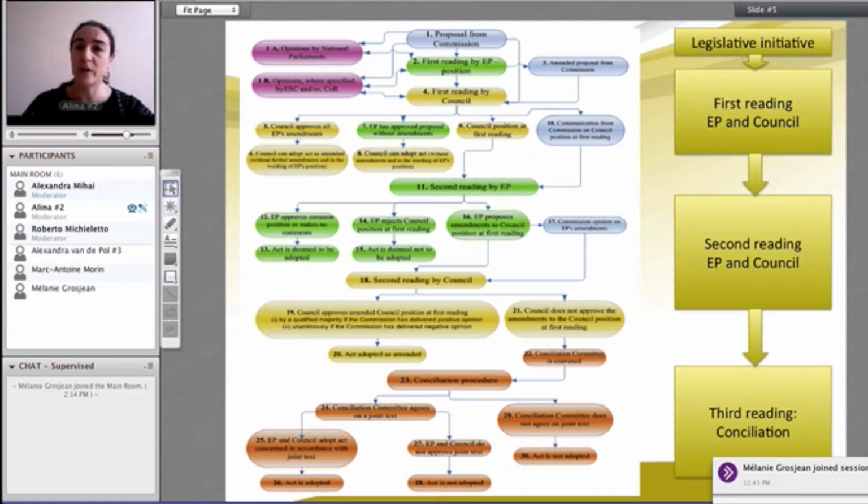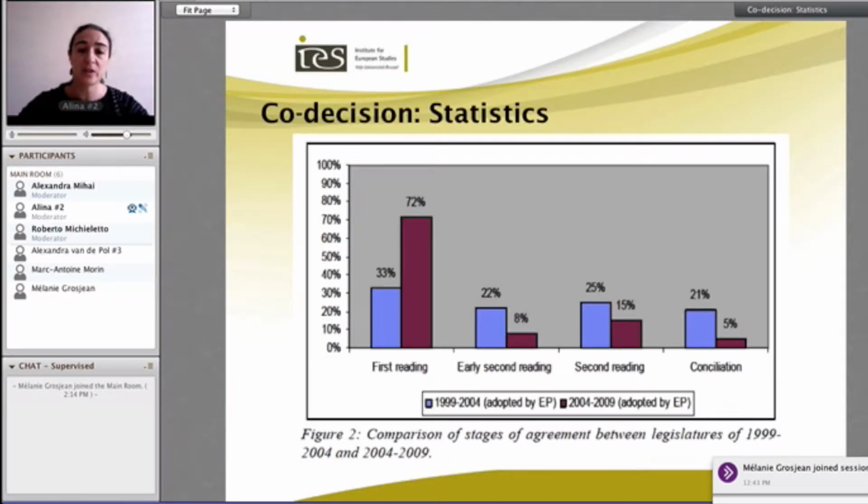We've also prepared a slide with statistics where you can see how the procedure develops over time. What we can see here is a comparison between the legislative periods 1999 to 2004 and 2004 to 2009. And what you can see very clearly is that there is an increased tendency of reaching a first stage agreement in the co-decision process.